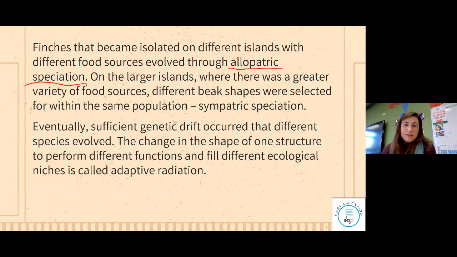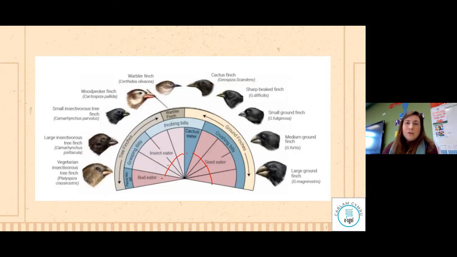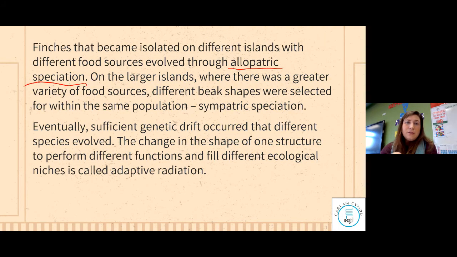On the larger islands, as you can see, there are some larger islands and some very, very small islands around. So on the larger islands, where there was a greater variety of food sources, different beak shapes were selected for within the same population. So because they could access lots of things, different types of beaks were selected for. This is called sympatric speciation.